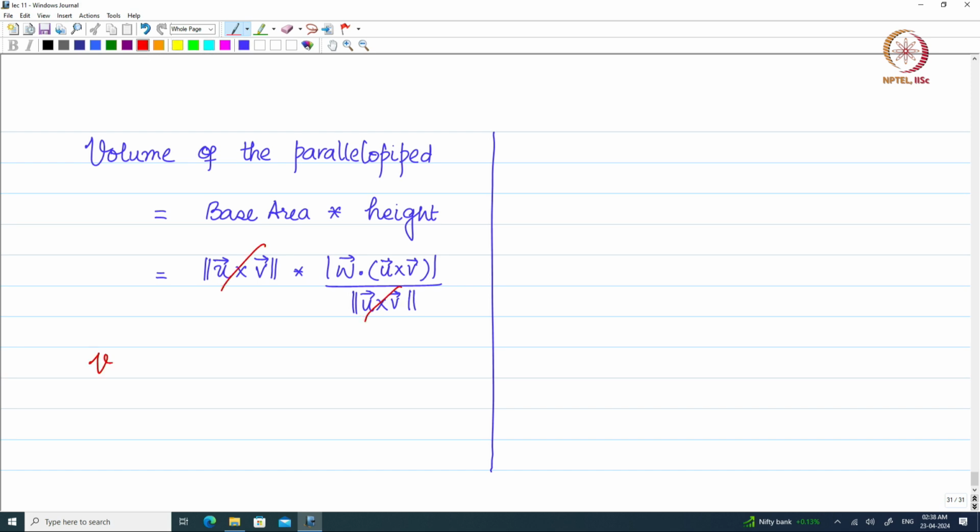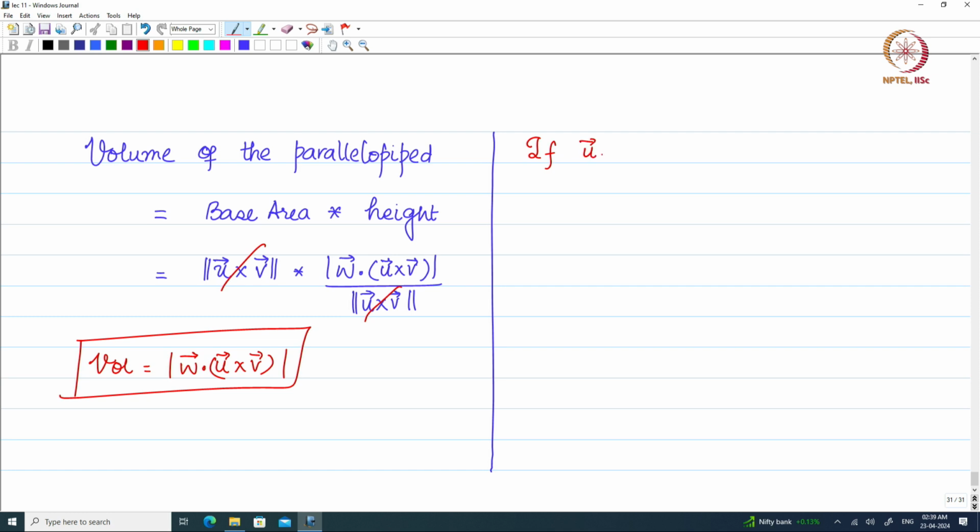Therefore the volume is given by w dot u cross v. So this is the volume of the parallelepiped.